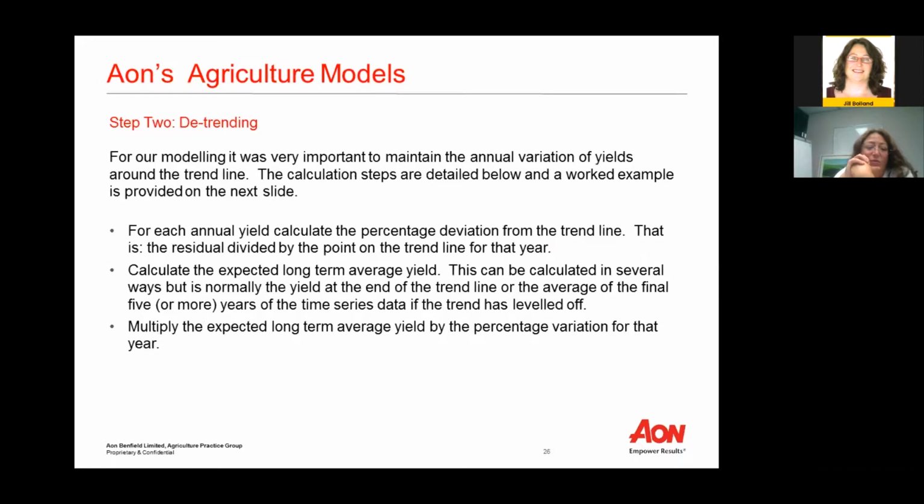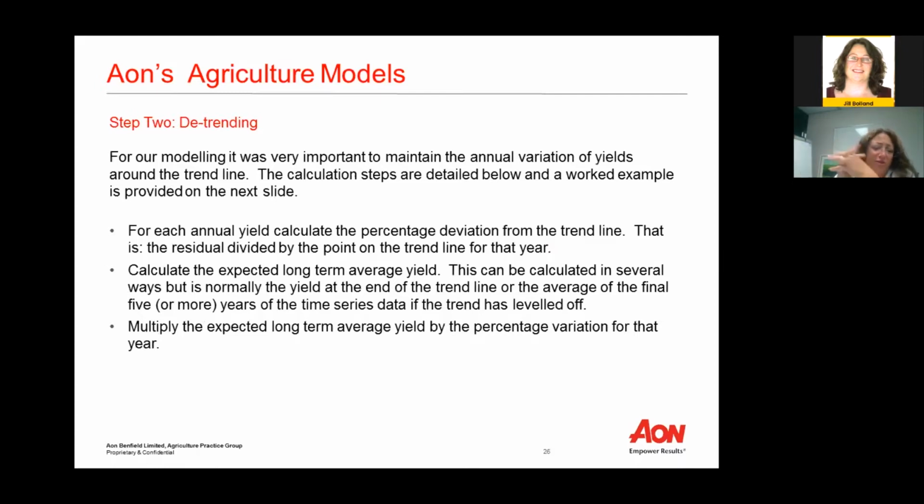And the way we detrend now is we say, this is what we expect the long-term average yield to be, but we want to keep the same deviation from the average trend that we already saw in the non-detrended data. So we just take the long-term average and then we plus or minus the percent deviation.